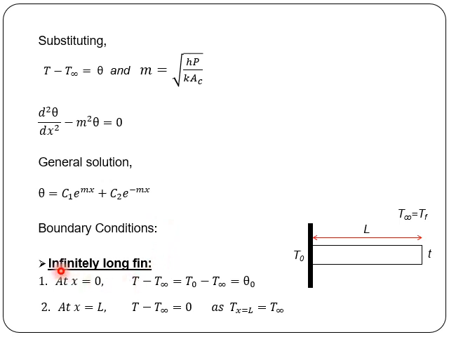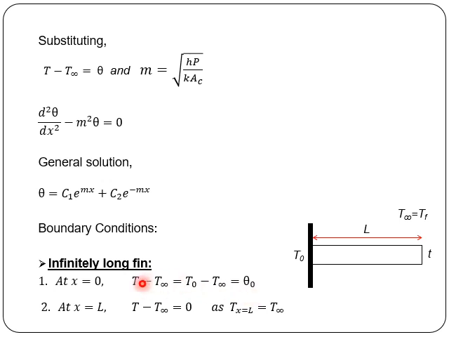One is the infinitely long fin. Infinitely long fin means the length of the fin is infinite, so L is equal to infinity. What are the boundary conditions? At x equal to 0, that is at the base of the fin, the temperature is T0 or base temperature Tb or T1. Whatever notation you are using, the base temperature at x equal to 0 is T0.